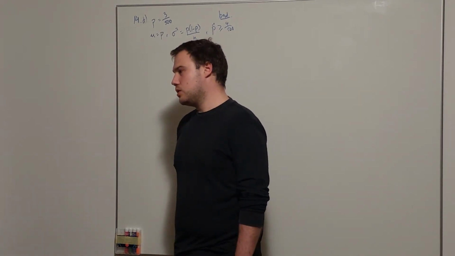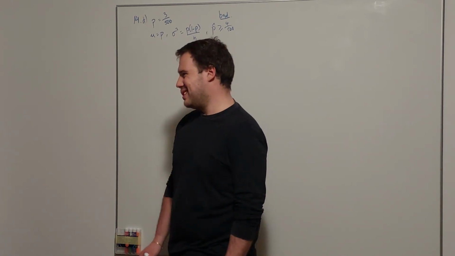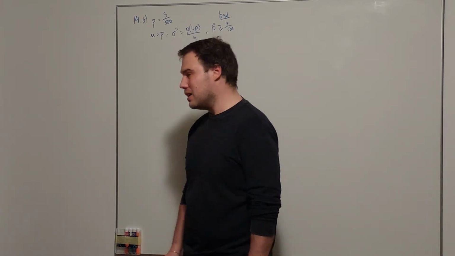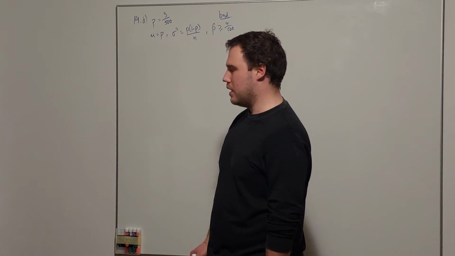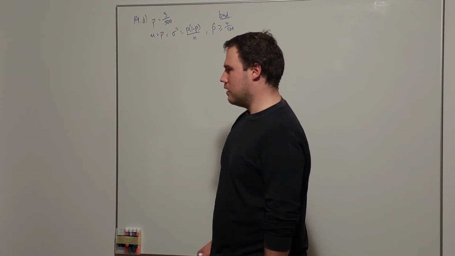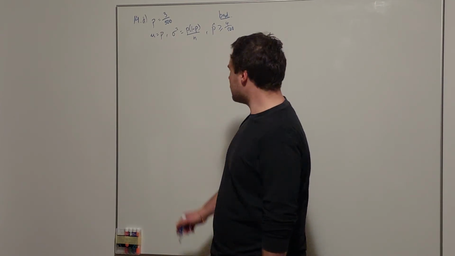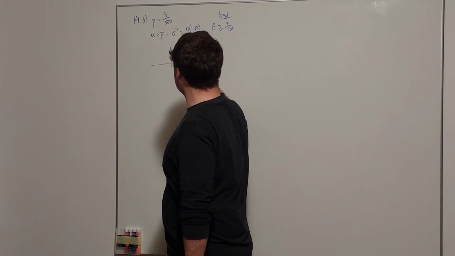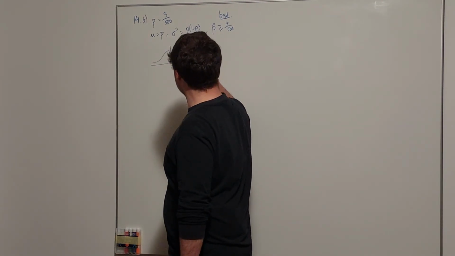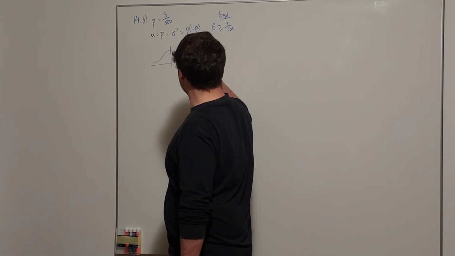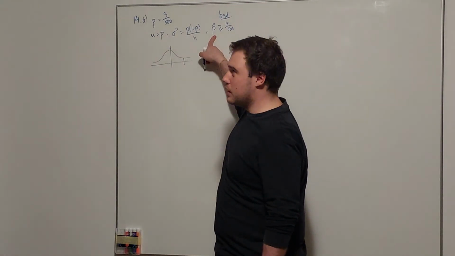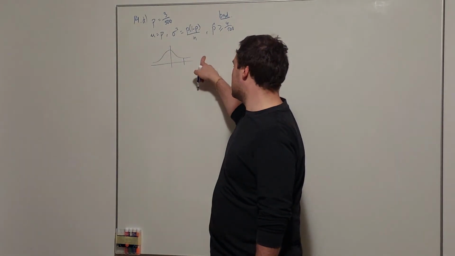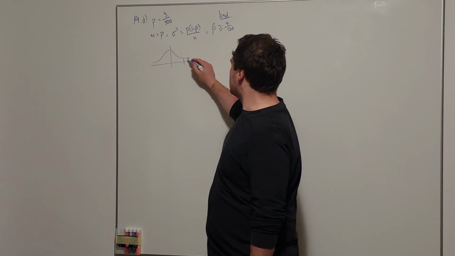The sample size is to be chosen so that the chance of shutting down the machine unnecessarily is less than 2.5%. Okay, so less than 2.5% would be P hat being bigger than this, which corresponds to 2.5%.